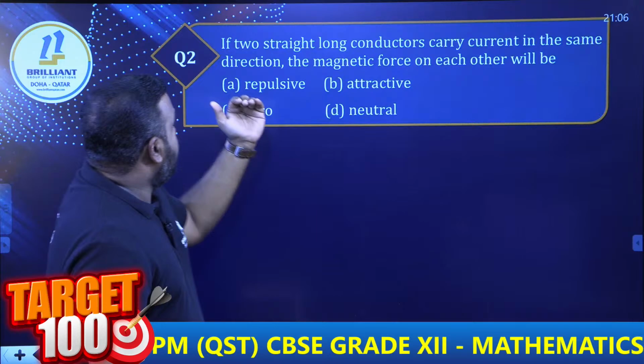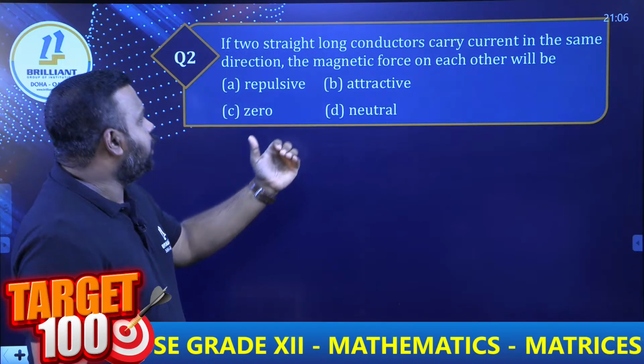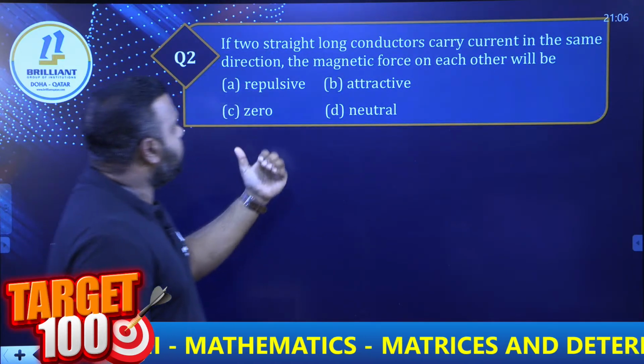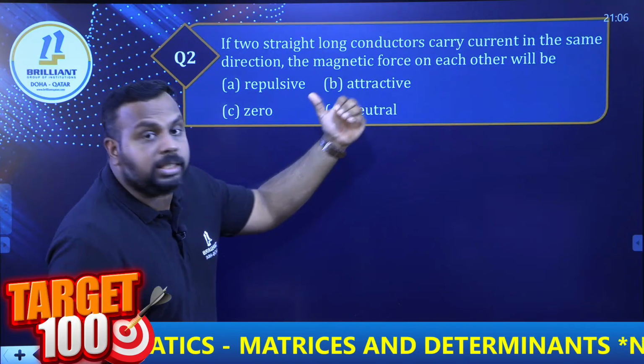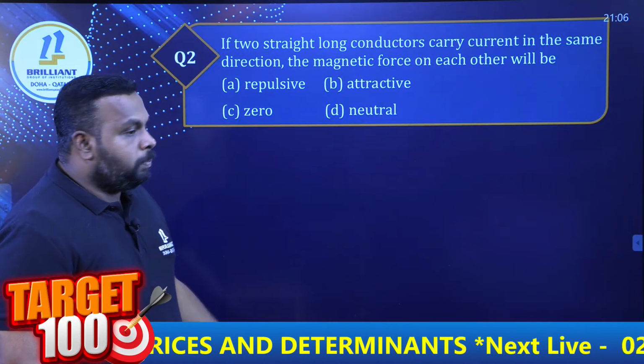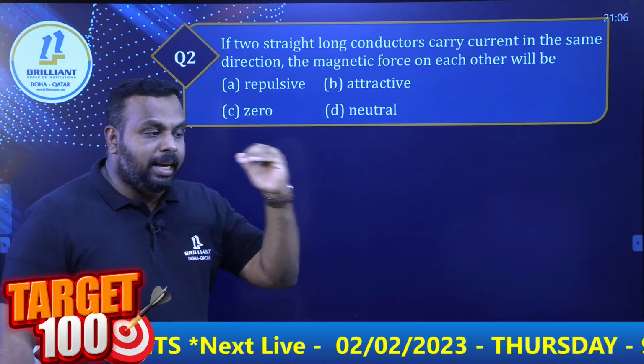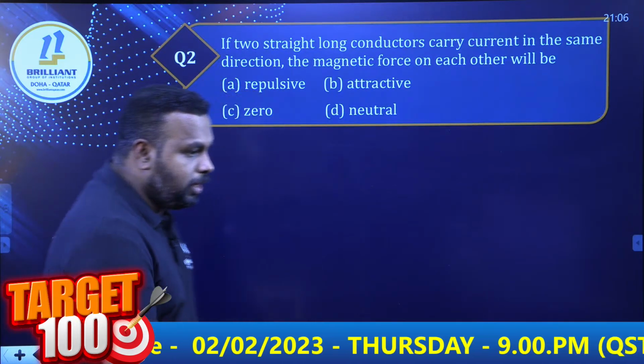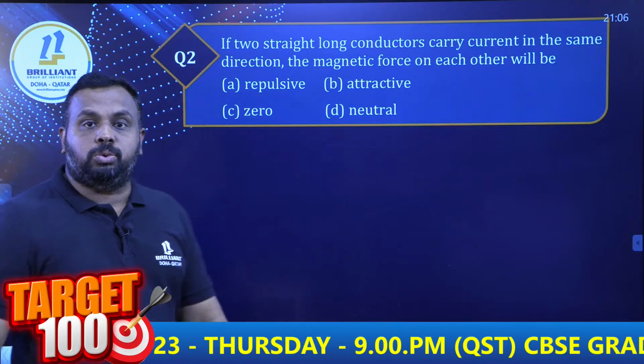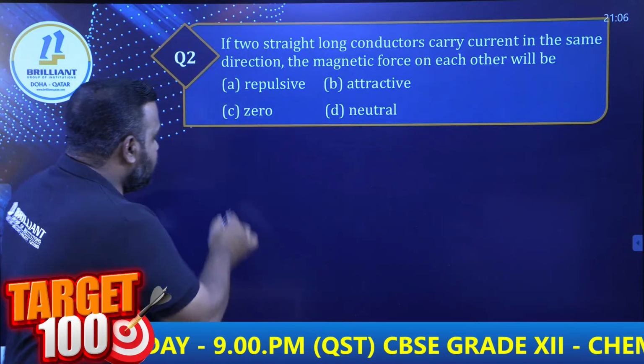Look at this. If two straight long conductors are carrying current in the same direction, the magnetic force on each other will be... Please comment your answers. Force between two parallel current carrying conductors. What is the formula for force? Another important topic.